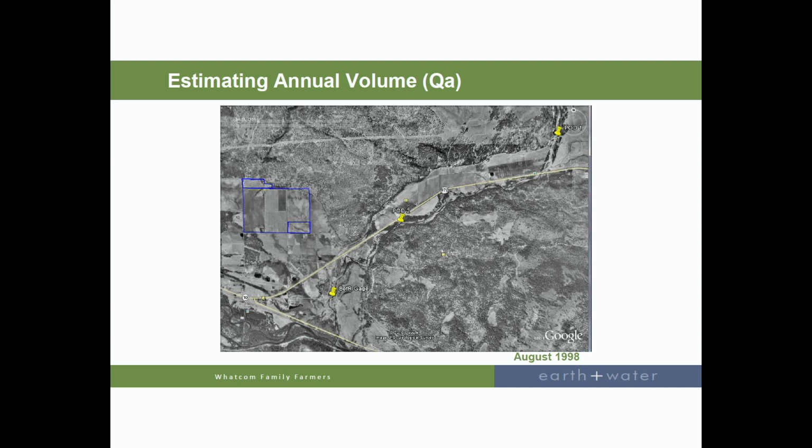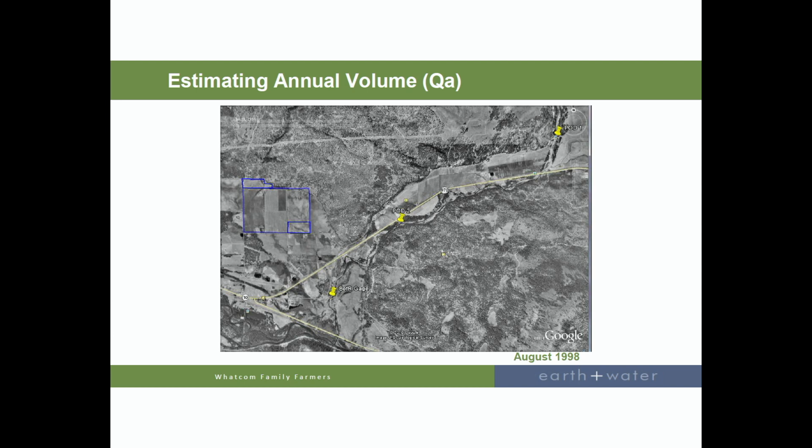Estimating annual quantity. If you've got a water right, it's going to tell you how many acre feet you have on it, but you're going to want to vet that yourself and try to understand how much water you're using. This is an old aerial photo, and the blue is the place of use, and you're zooming in on this really high level.